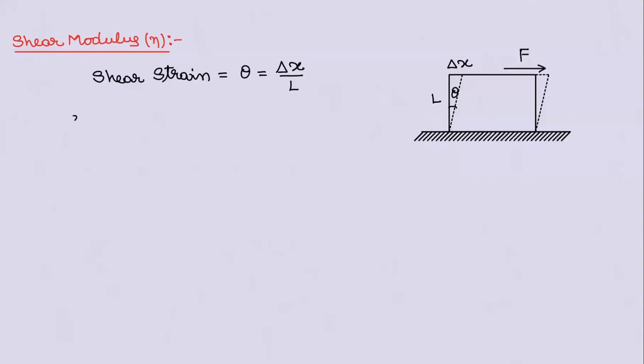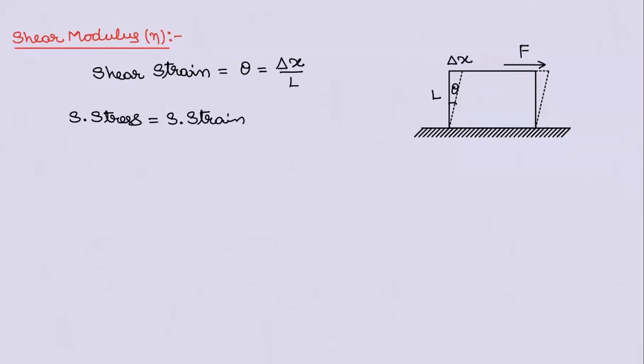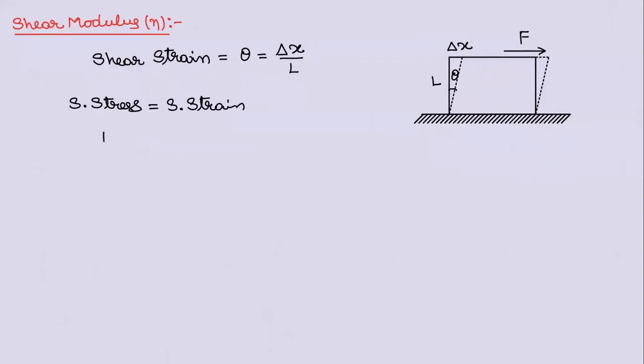According to Hooke's law, shear stress is equal to shear strain. Right? Now stress is equal to force by area. Sorry, I made a mistake. Shear stress is proportional to strain.